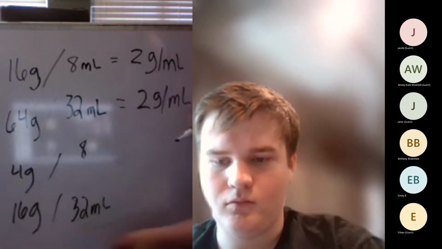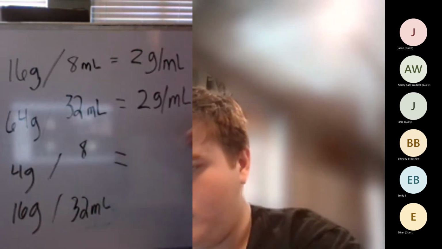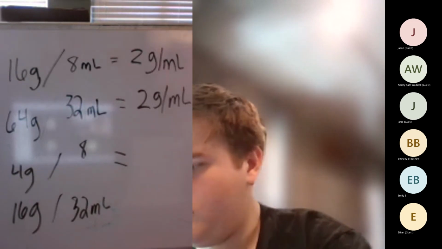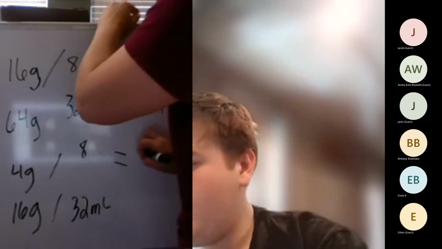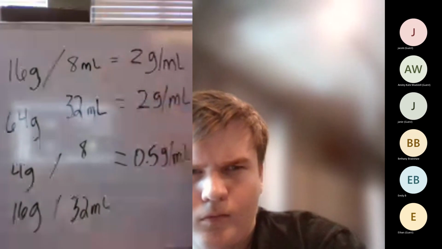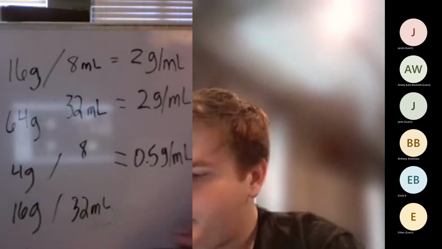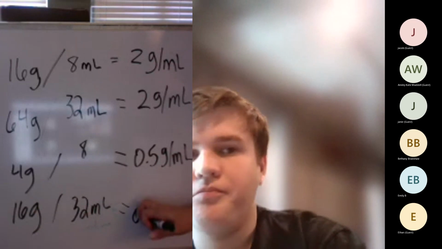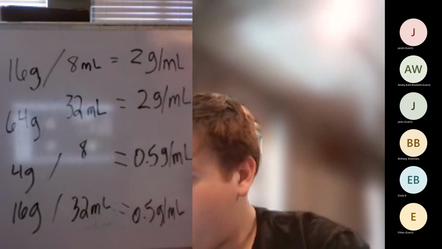And for B1, you should have gotten 4 divided by 8, which gives us what? A half, right? 0.5. And then B2, 16 divided by 32, but look at that. 16 is half of 32, so it should also be 0.5 grams per milliliter.